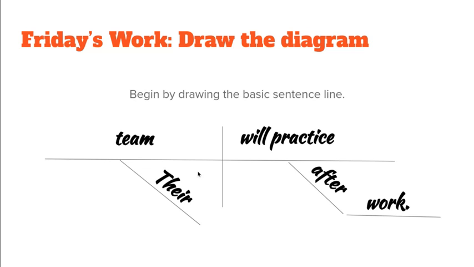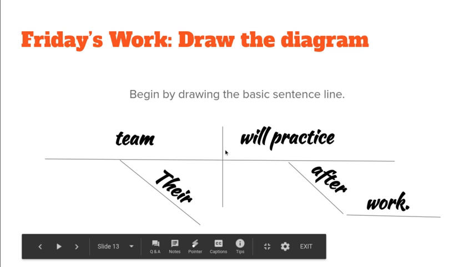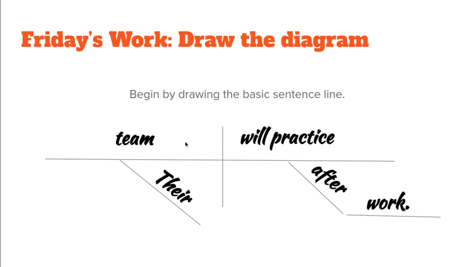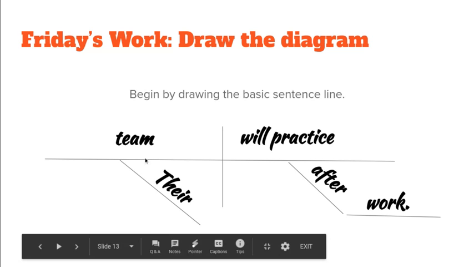I tell the students, everything that's underlined once on Tuesday's work is on this side of the cross. So there and team are both underlined once on their Tuesday's work. And we said that there is telling us about team, so there is a modifier.